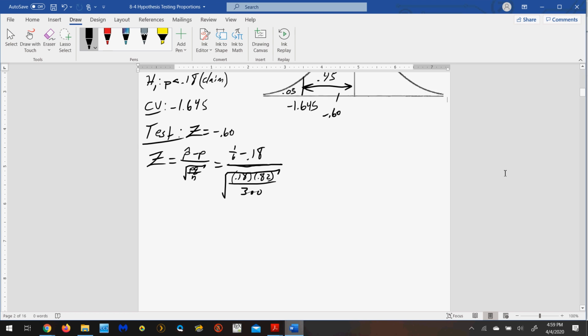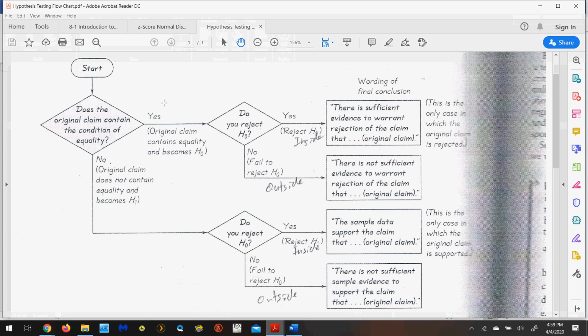Now I have a decision and conclusion. So, is my test statistic inside the tail or outside of the tail? It is outside of the tail, which means accept the null hypothesis. Then the conclusion. Did my original claim contain the condition of equality? No, it did not. Do you reject the null hypothesis?